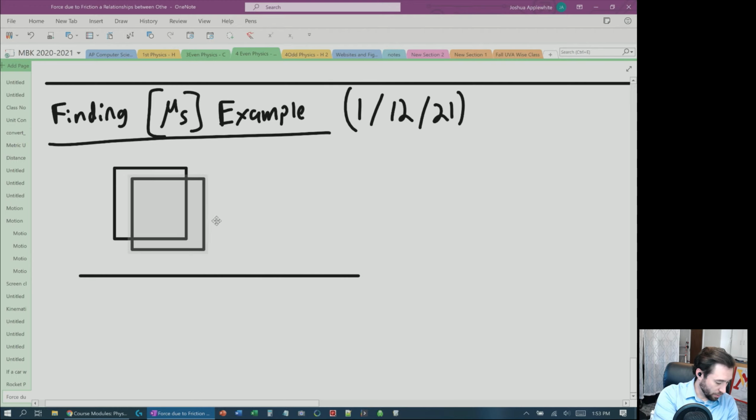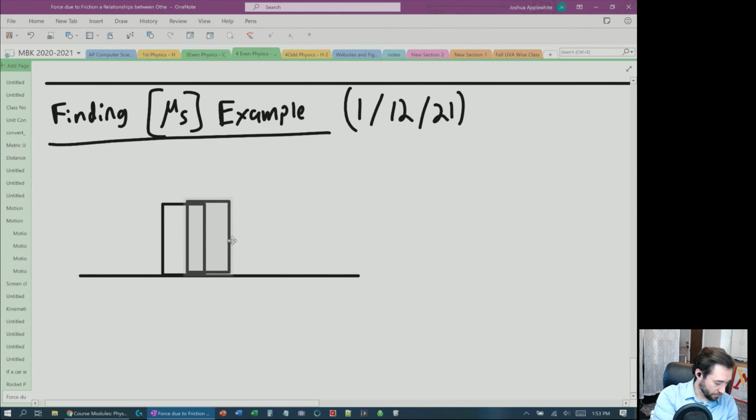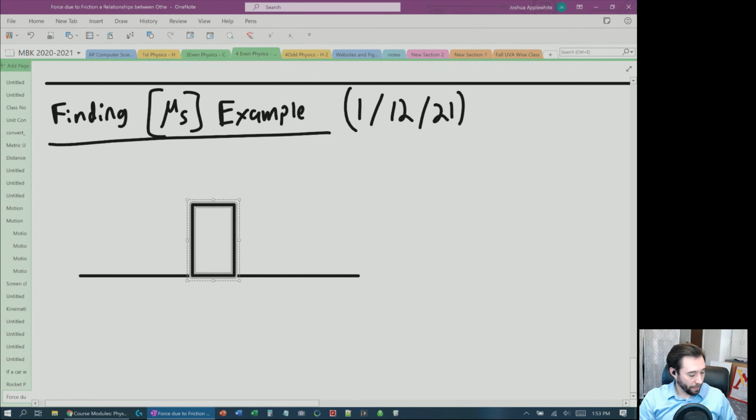So we've got our refrigerator right here. And this refrigerator is made out of matter. Matter has mass, and we are on Earth, right?